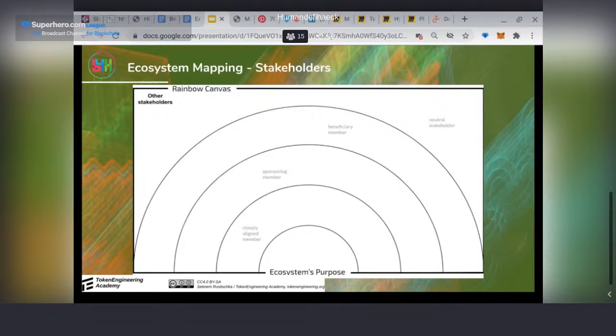Here you map vendors, sponsors, communities, users, governments, here you map everyone. It's also important that when you are doing this, you might find even ecosystems within ecosystems. That level of complexity is also found.